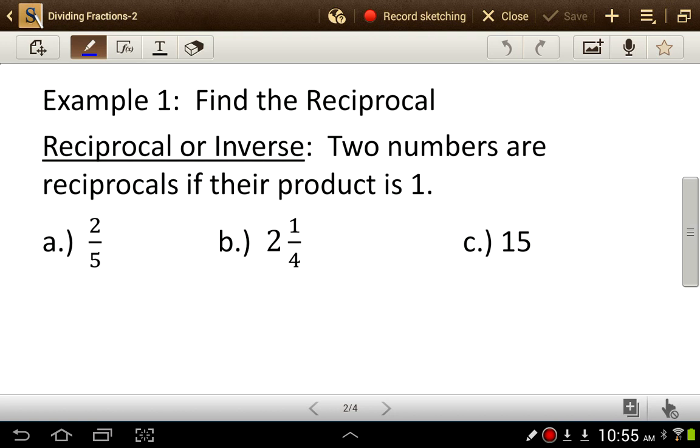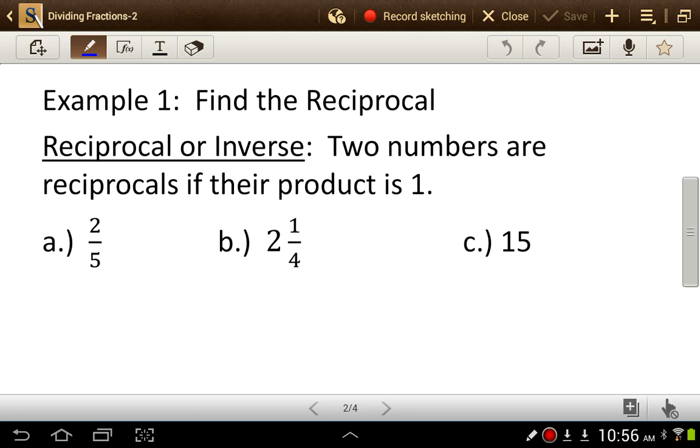So if you multiply two numbers and you get an answer of 1, those numbers represent reciprocals. In fraction form, that means that when you're multiplying, you want the numerator and the denominator of one fraction to be switched or flipped for the other fraction. That way you end up with the same number divided by the same number, which is 1.